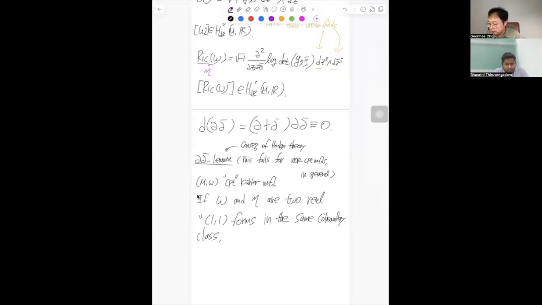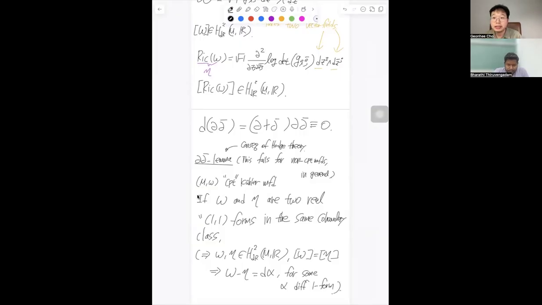But if we assume that's the case, then from the second de Rham cohomology, because omega and eta belong to the same class, it guarantees in general, without this lemma, that if you look at the difference, there must be, for some alpha, a differential one-form.